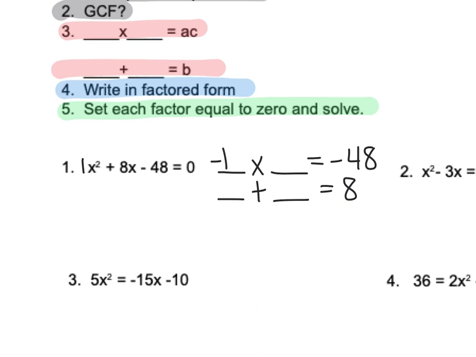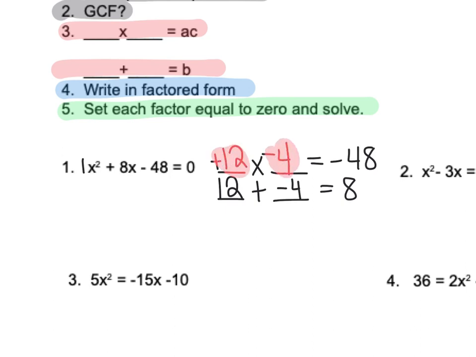So I'm going to have a negative 12 and a positive 4. Those multiply together to be negative 48. Oops, we don't want that, we want positive 12, negative 4. Those multiply together to be negative 48. And if we add 12 and negative 4, we get 8. So these are going to be our 2 factors that we're going to use. So we are going to use 12 and negative 4 when we write our factors.